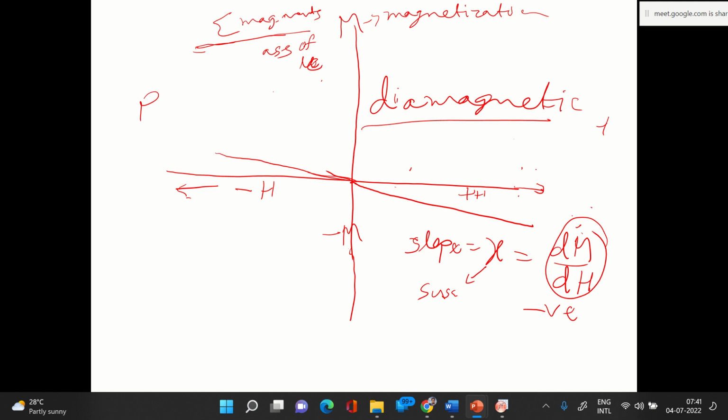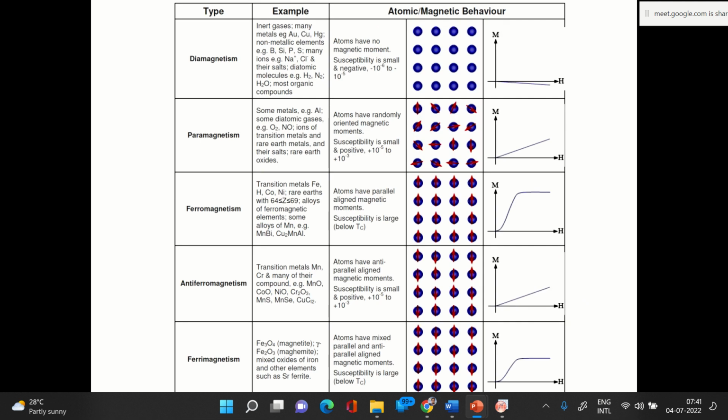If it is very large, you have a high value of slope, a high value of susceptibility. So susceptibility is negative for diamagnetic substances, and this is what is shown here.